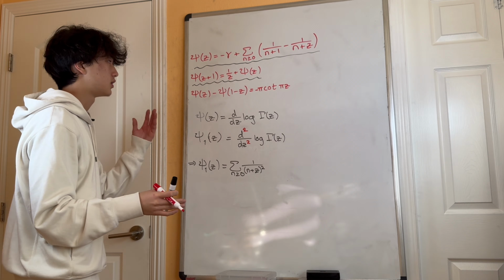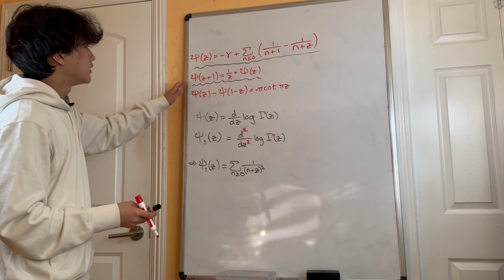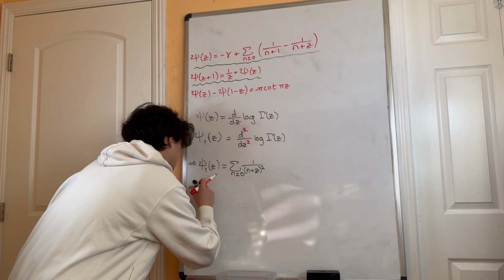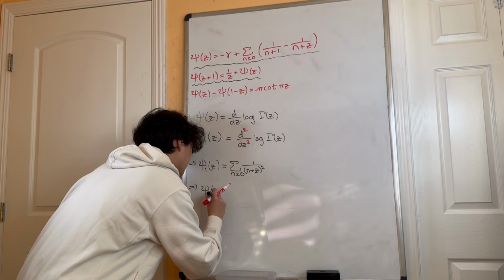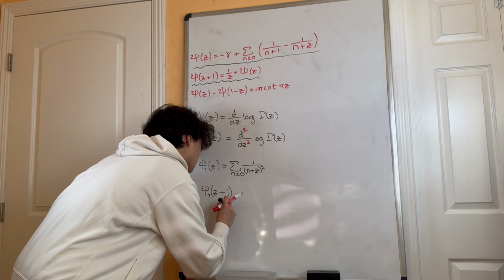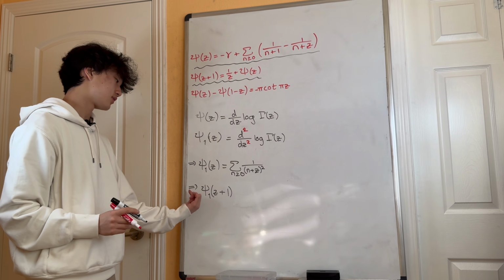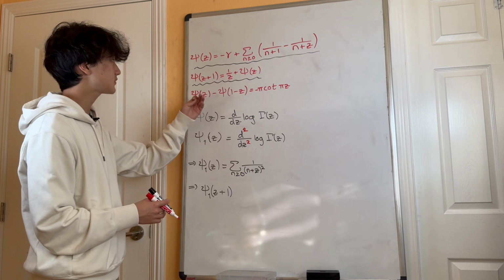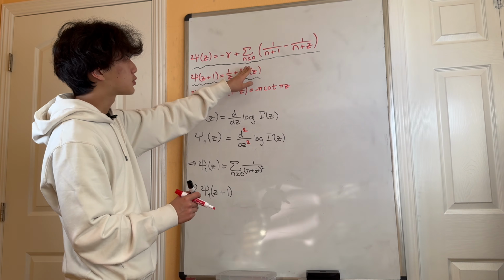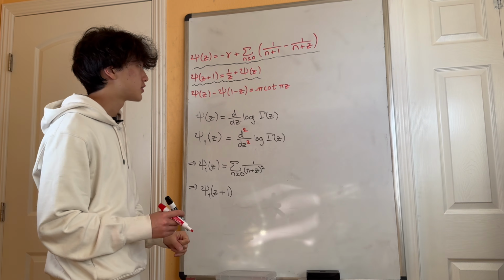This is just the recursive formula. All right, taking the derivative on both sides, on the left-hand side, you get trigamma of z plus 1. Okay, take the derivative of the inside, that's just 1, so chain rule, just multiply by 1, it doesn't change. Right-hand side right here, okay, let's take the derivative of this digamma of z first.